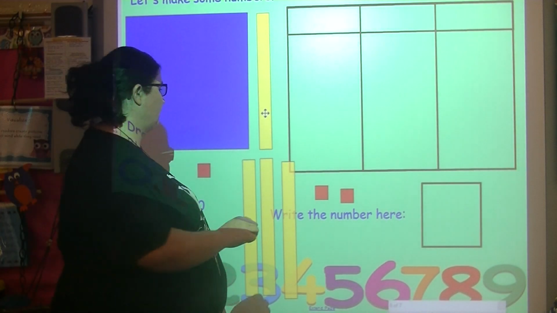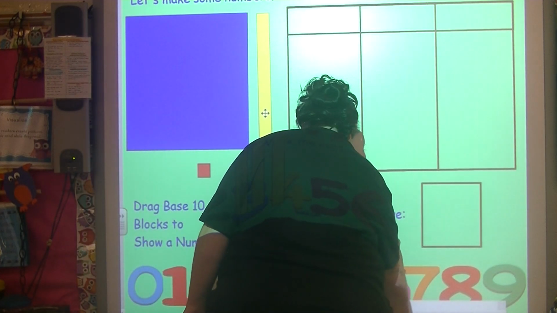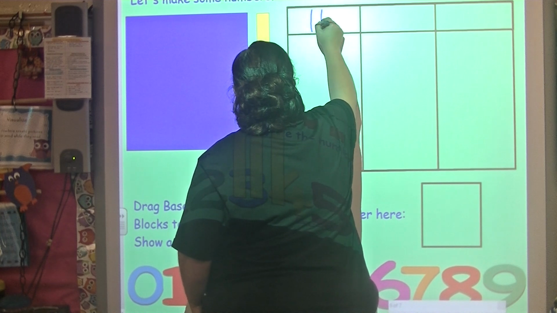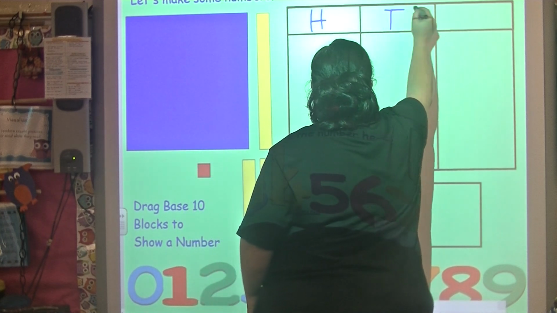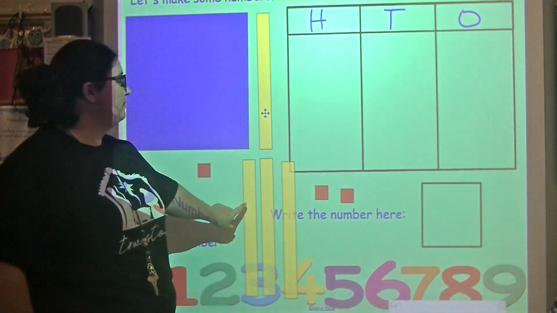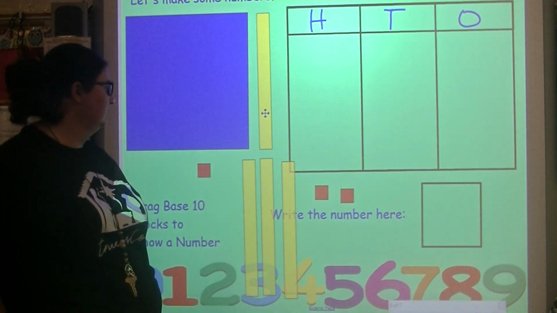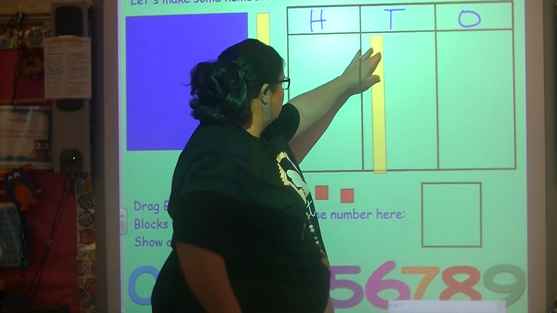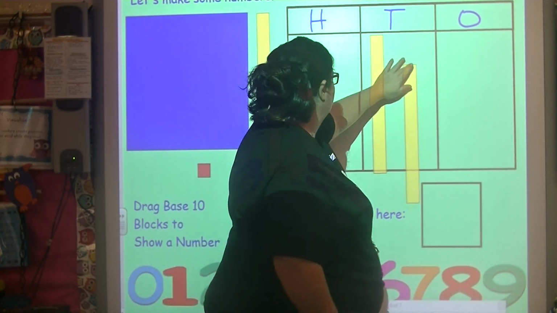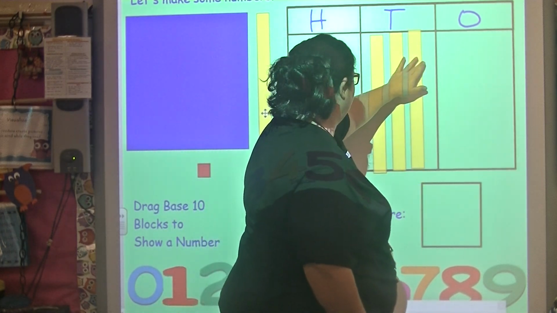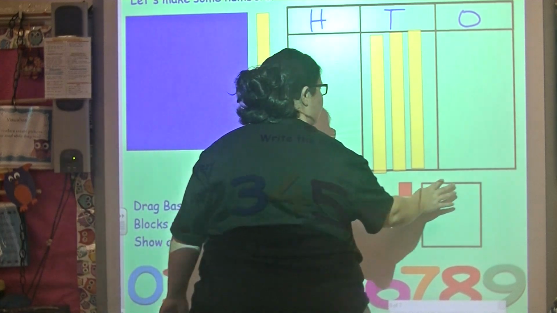Let's move them over to our chart. You have a chart as well. This is my hundreds, my tens, and my ones. So where will I put my tall tens? In the middle. So 1, 2, 3, and my 2 ones.